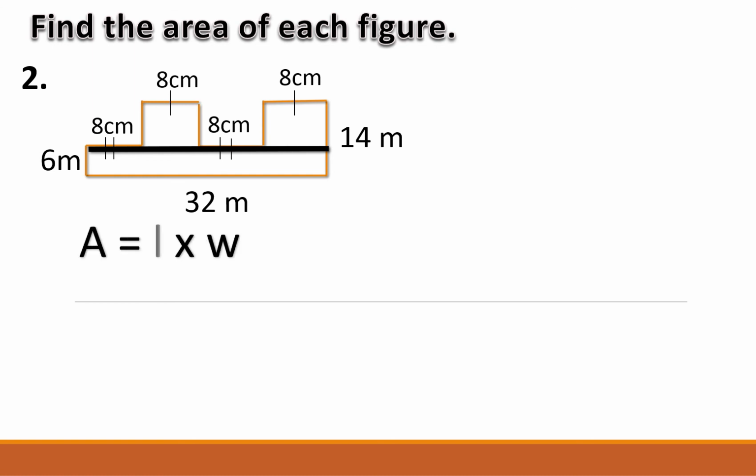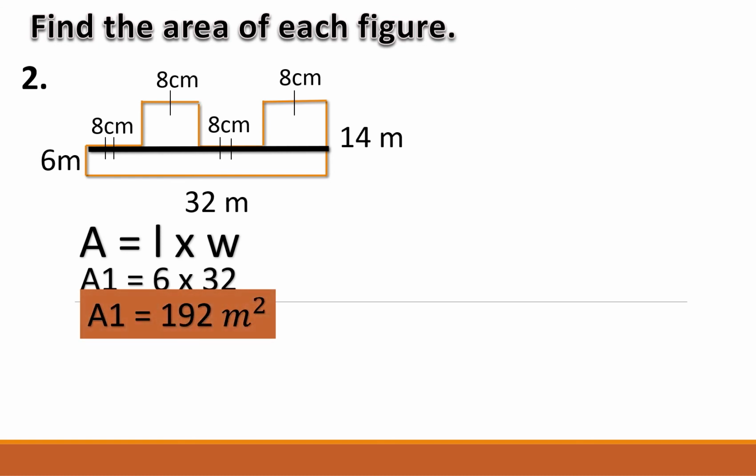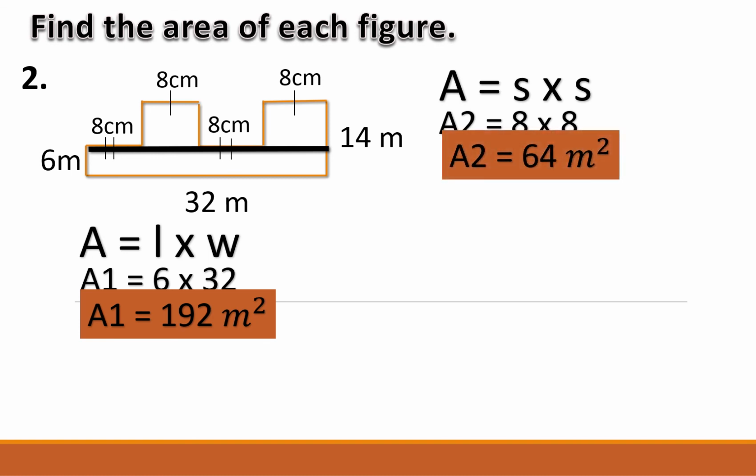The area of a rectangle is length times width, so 6 times 32. The answer is 192 square meters. In the second area, we have side times side, 8 times 8, equal to 64 square meters.